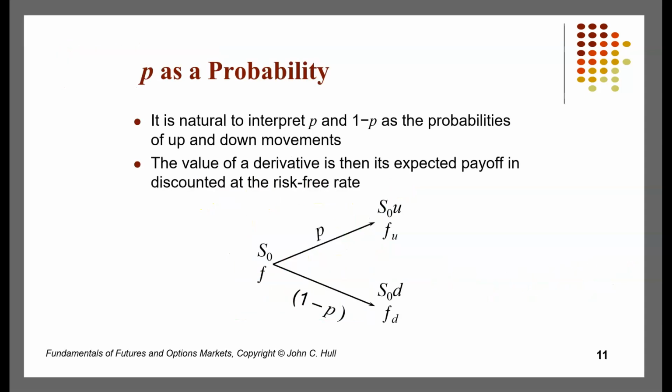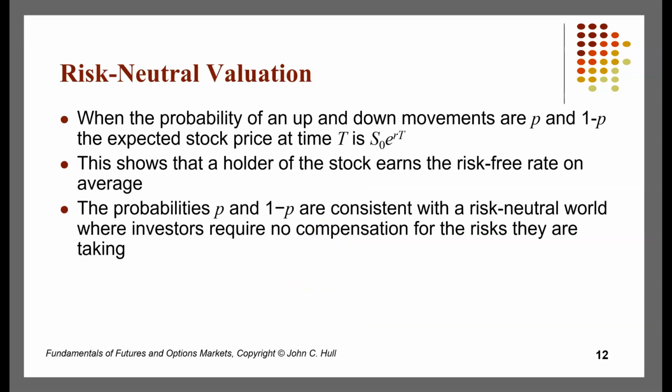And that is essentially what we have here when we say P is going to be showing that increase, Q is going to be showing that decrease, and we're looking at the risk neutral valuation, where if we assume those risk neutral probabilities of up and down movement equal to P and 1 minus P, the expected stock price is equal to the future value of the stock price, and when we set that equal to the weighted average of the values of the stock at that point in time, that's how we infer that option contract's value.